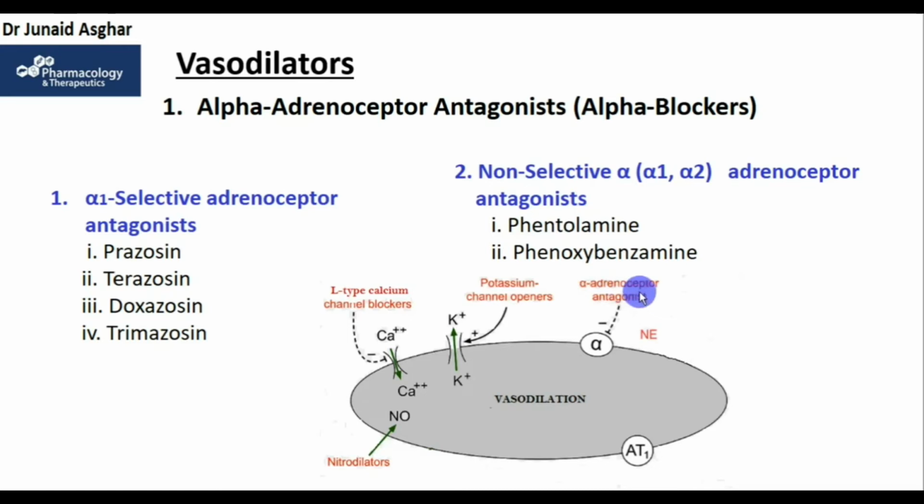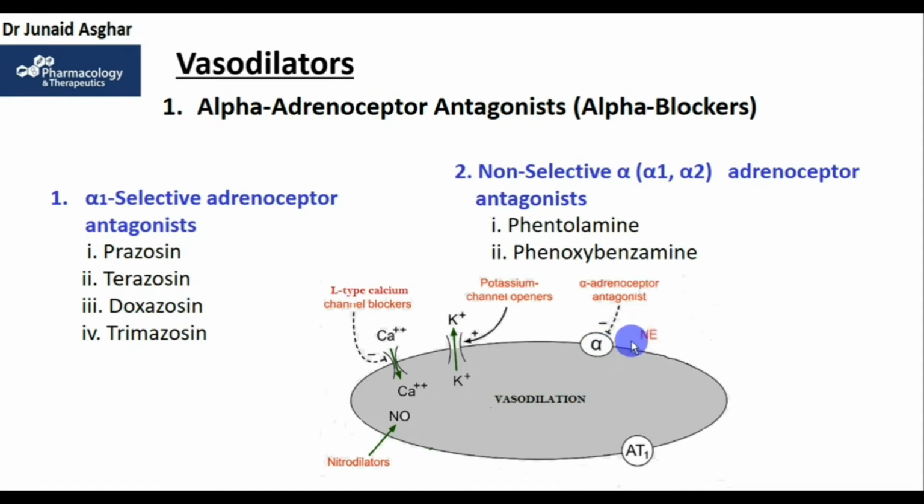These alpha-adrenoceptor antagonists will block the alpha-adrenergic receptors on the vascular smooth muscles, and in this way they will prevent the binding of norepinephrine to these receptors. You know norepinephrine is a potent vasoconstrictor.